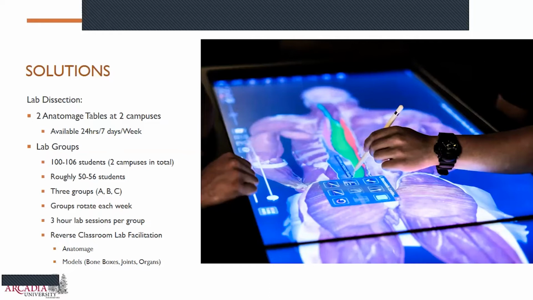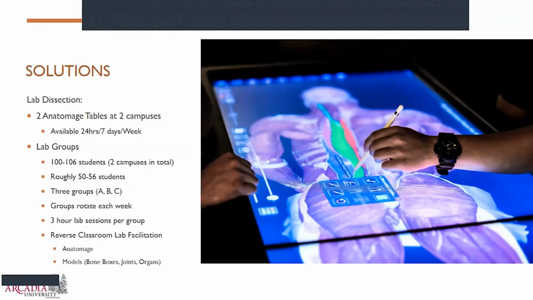They each had about 8 students each. And then 1 student from each of those groups was assigned to be a lab facilitator. So in any one week, we had anywhere between 12 and 16 students that were assigned to be a lab facilitator for any one particular week.